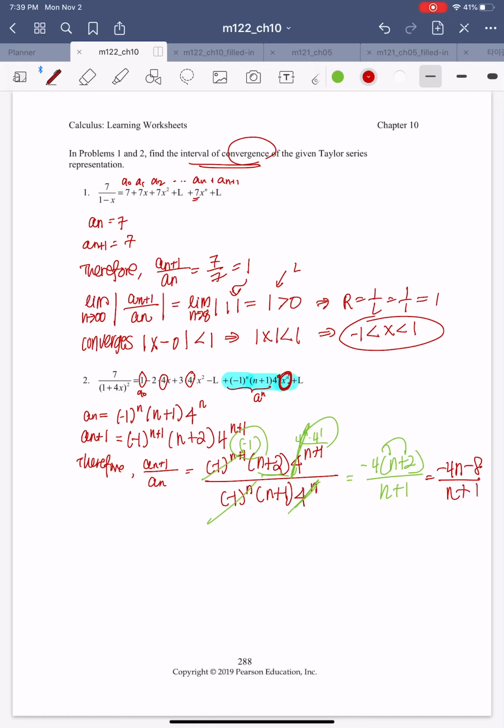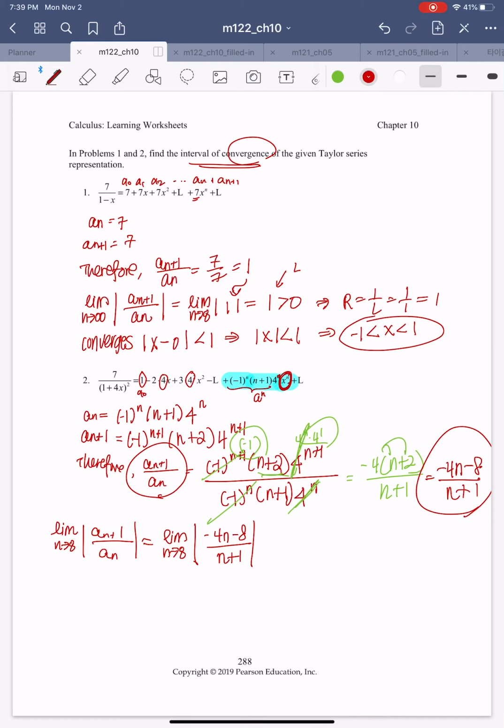Now, in order to find the radius of convergence, we apply the ratio test, a sub n plus 1 over a sub n, and we just figured that this is negative 4n minus 8 over n plus 1. So the limit as n goes to infinity of negative 4n minus 8 divided by n plus 1.